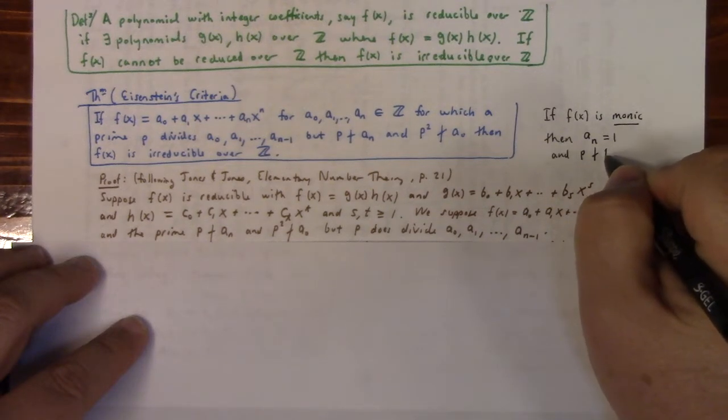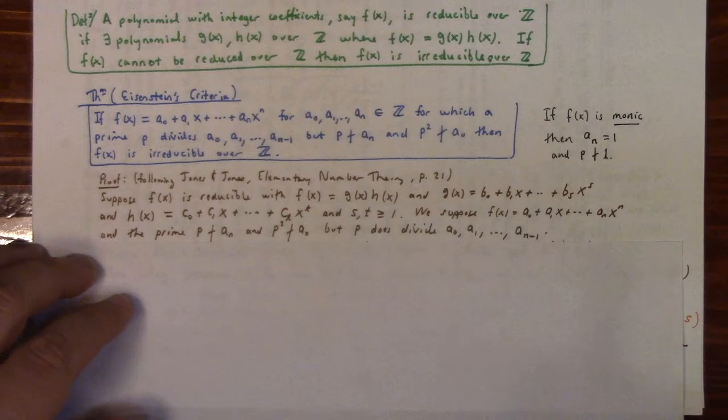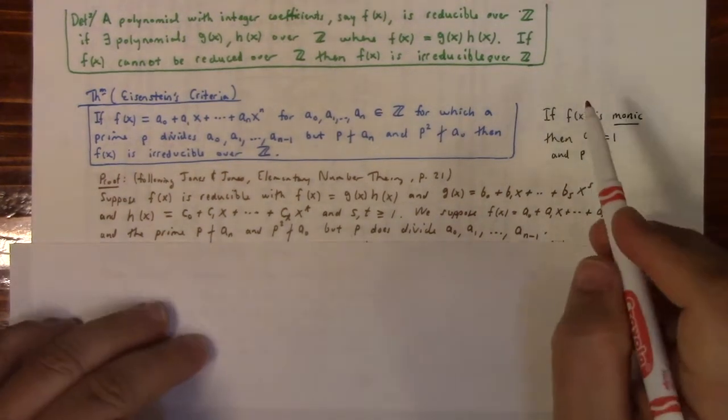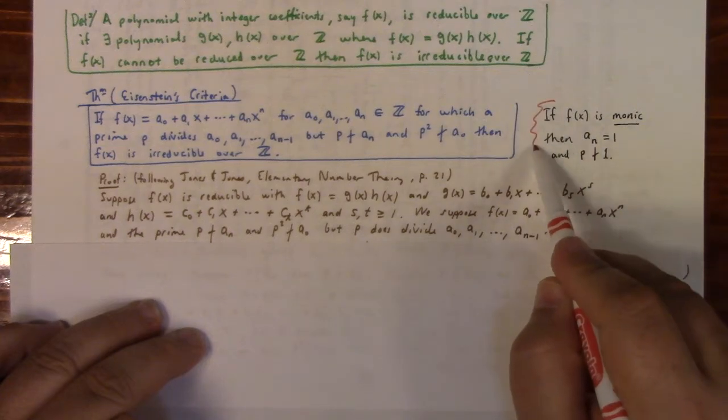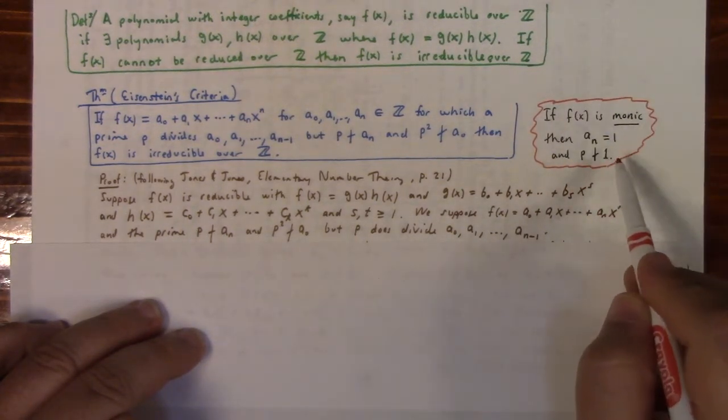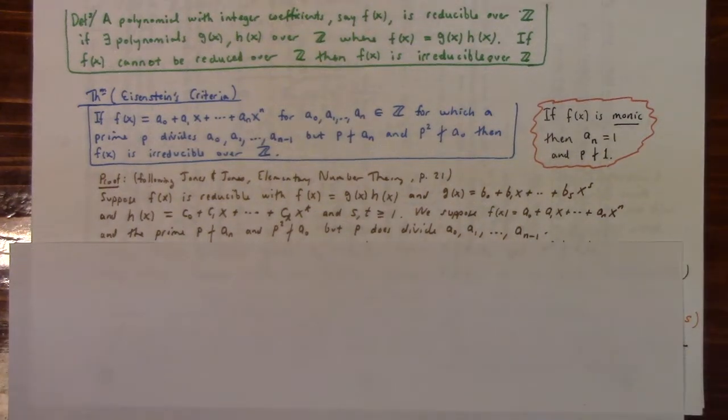So this one condition, that p does not divide a sub n, often we don't even think about. I don't think about it anyway. I should think about it, though. It's for free if you're working with a monic polynomial.